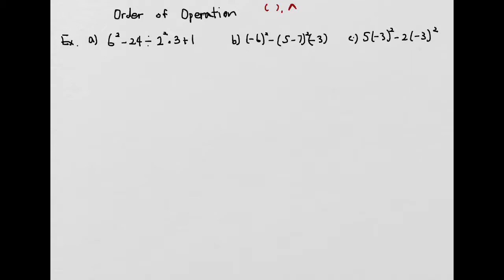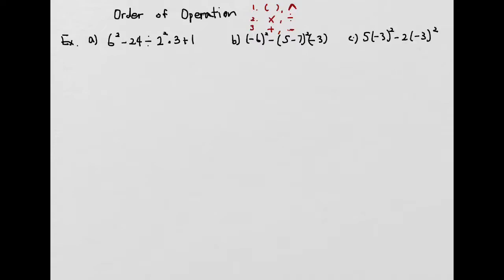And then we do multiplications and divisions. So that's the order: first, second, and third, we do additions and subtractions. When you have a parenthesis and a power together, you do whatever is inside first.